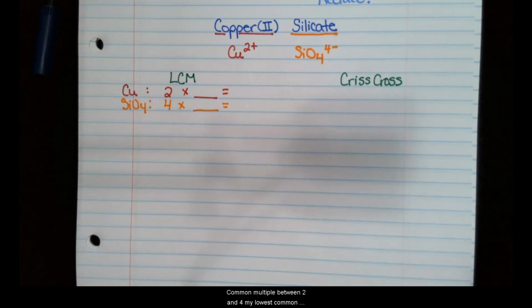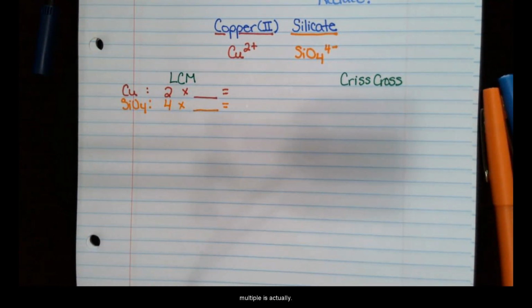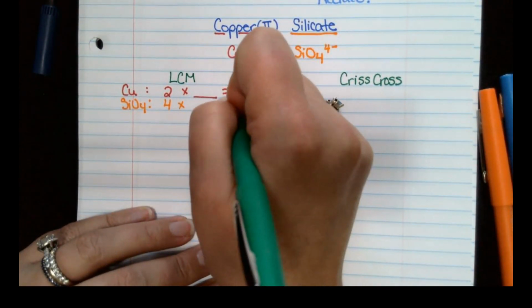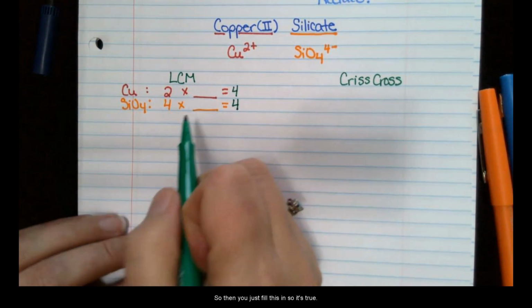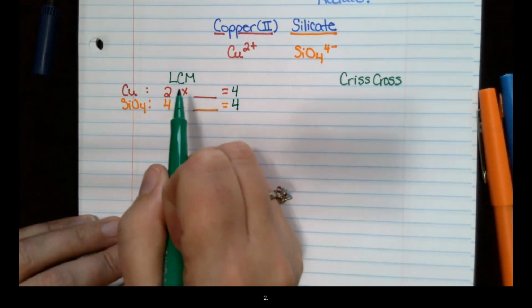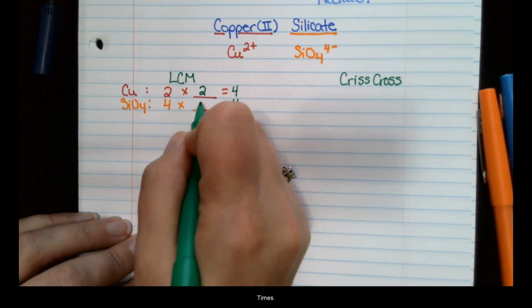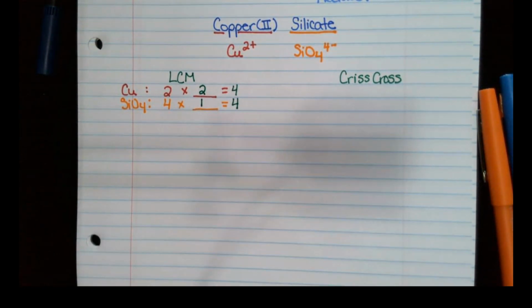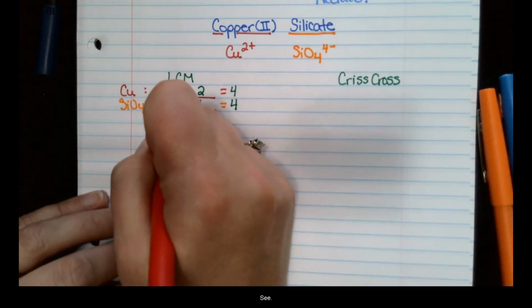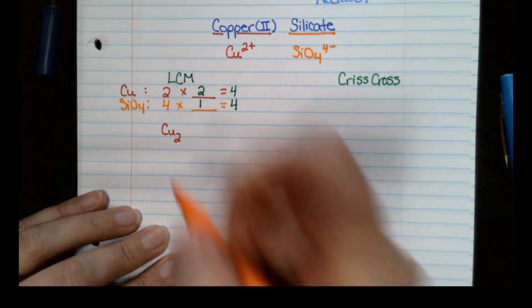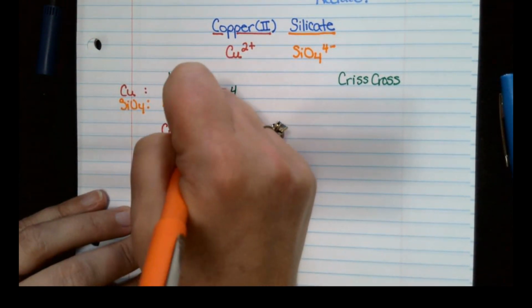Between 2 and 4, my lowest common multiple is actually 4. So then you just fill this in so it's true. 2 times 2 equals 4. 4 times 1 equals 4. So I end up with Cu2SiO4.